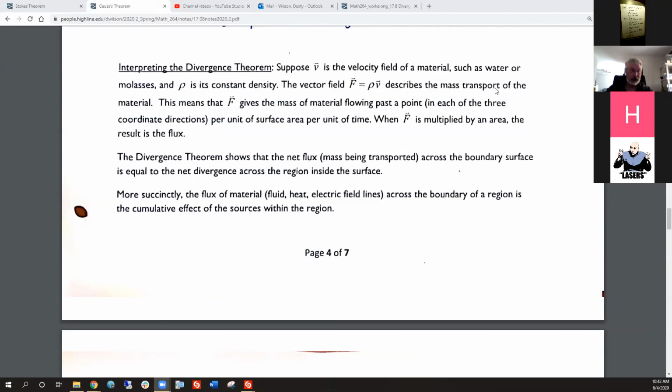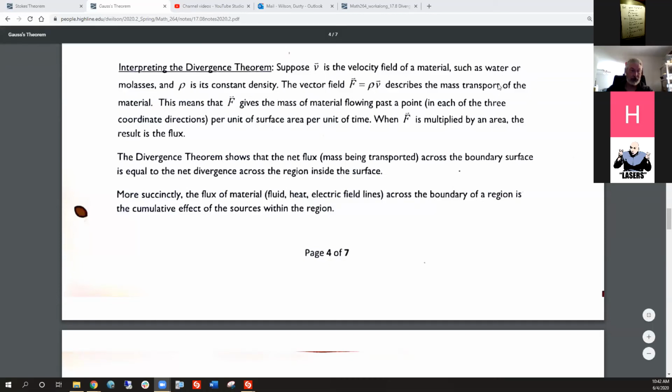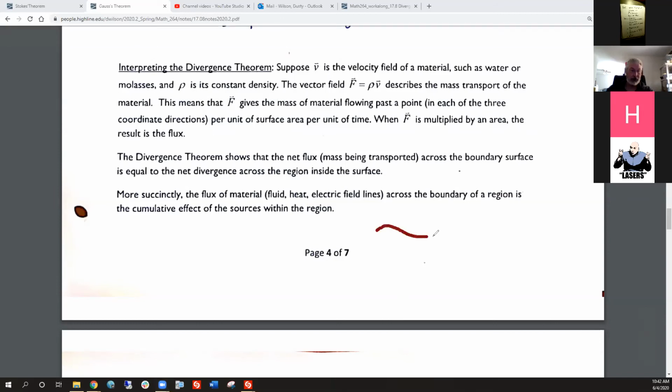So imagine that you're in a river and you're sitting on a rock. I wonder if we could draw it. So there's some sort of a river here. Ooh, we need a blue river. And maybe there's a rock that's sitting out here.